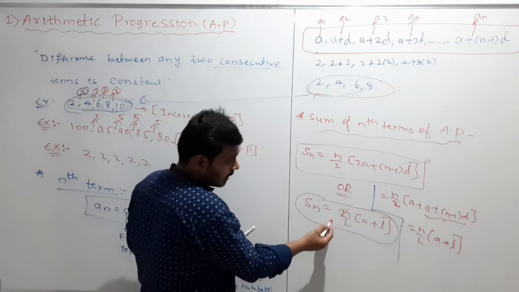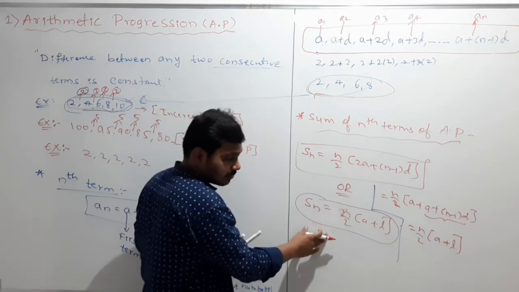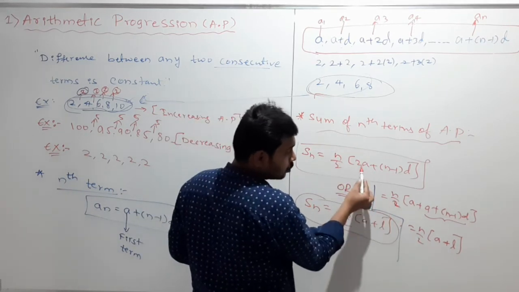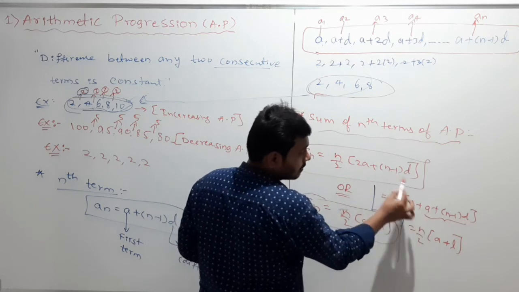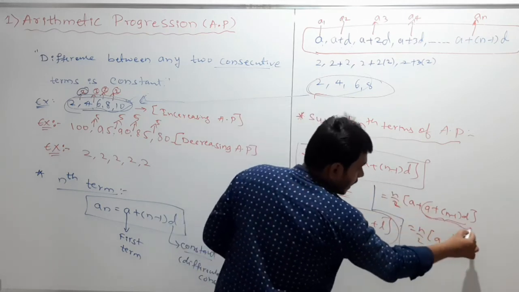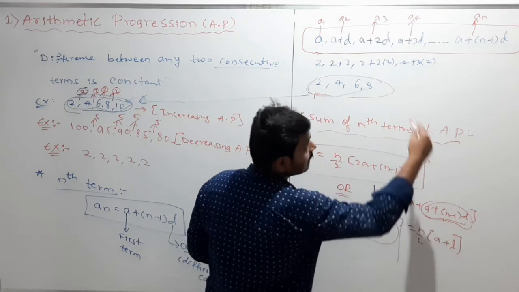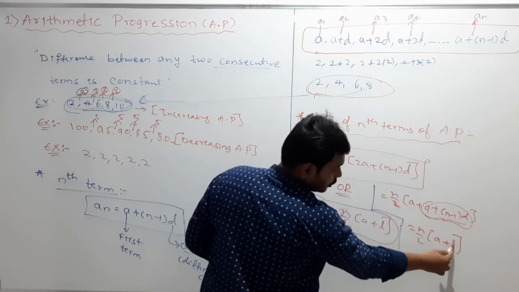Clear? How am I writing this formula? n by 2 is as it is, 2a I can write as a plus a, and n minus 1 into d as it is, and this a plus n minus 1 into d is nothing but the last term, so I can substitute it as l.